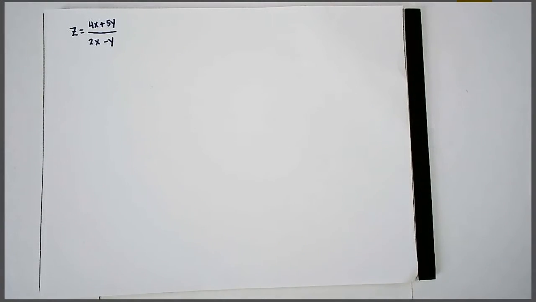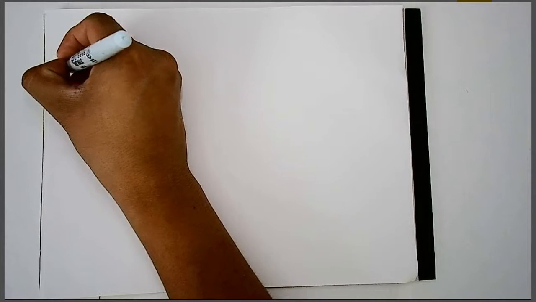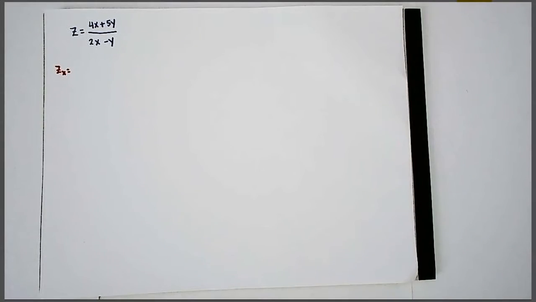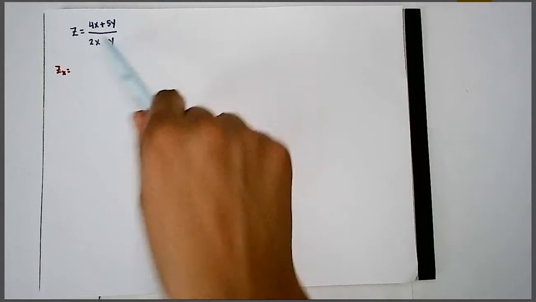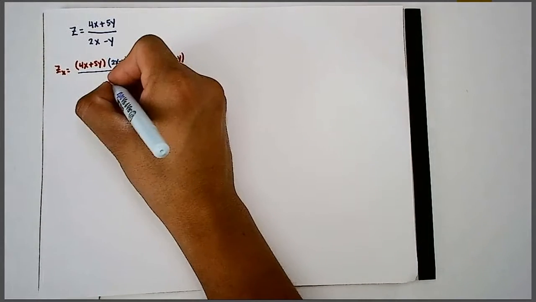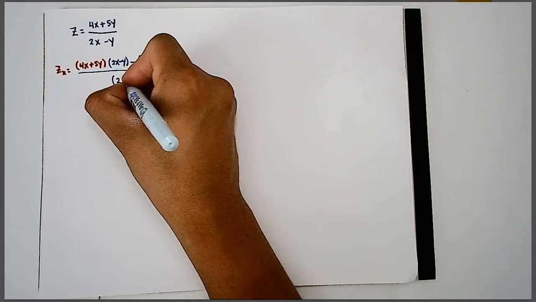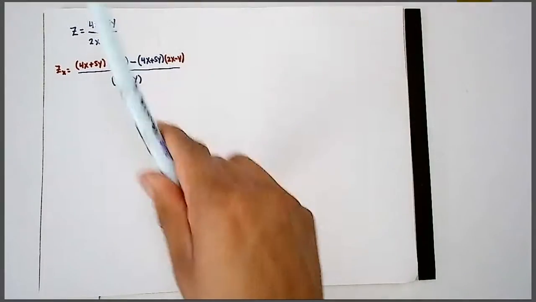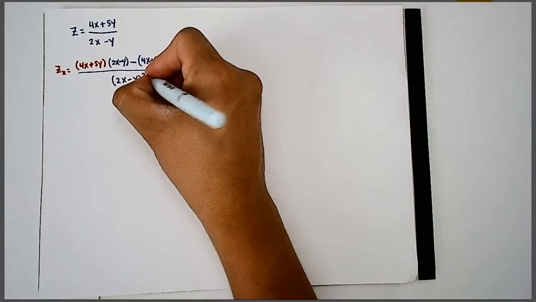And again, for the case of the quotient rule, we copy both terms as a multiplication twice. And we divide everything by the denominator squared.